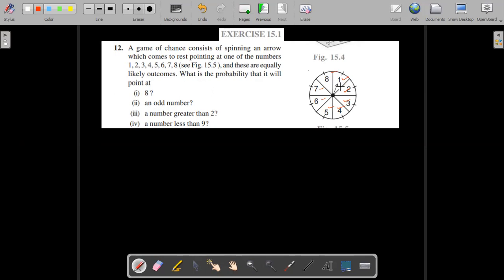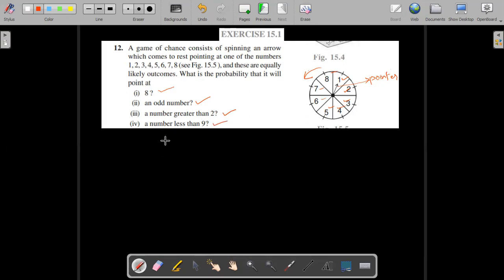You can see this arrow, this is the pointer, and this pointer is fixed. Only we have to move the spinning of this wheel. Okay. So these are equally likely outcomes. What is the probability that it will point at 8? Find probability of getting 8, an odd number, a number greater than 2, a number less than 9.